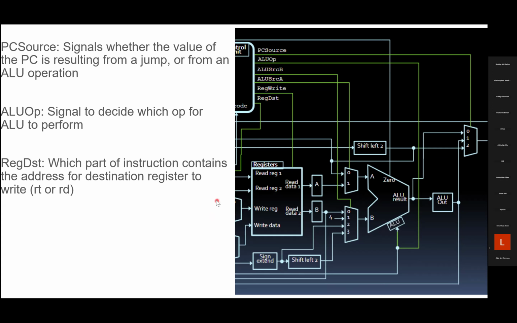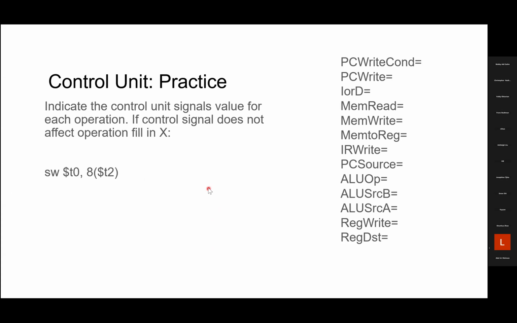So for example, if we have a question like determine the control signals for this instruction, we already assume that the instruction is loaded, right? Because the fetching part of the instruction is the same for any instruction, right?